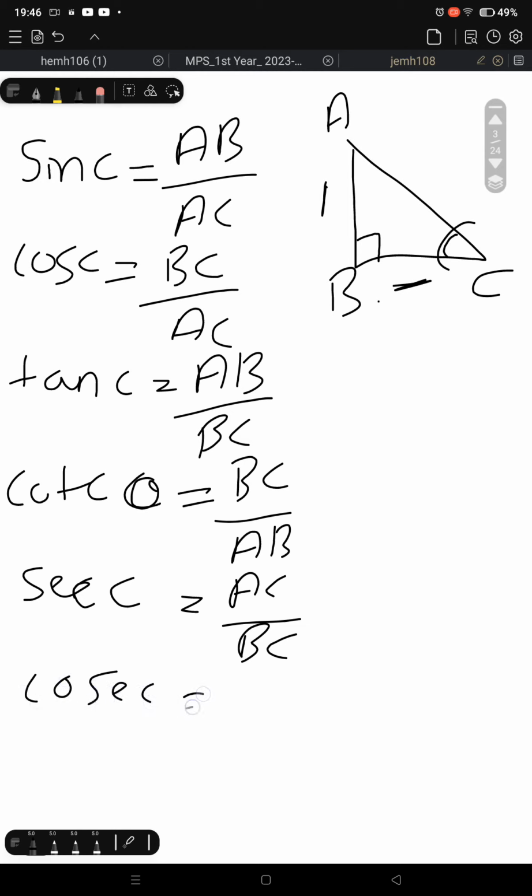Cosec C is hypotenuse divided by opposite, that is AC divided by AB.